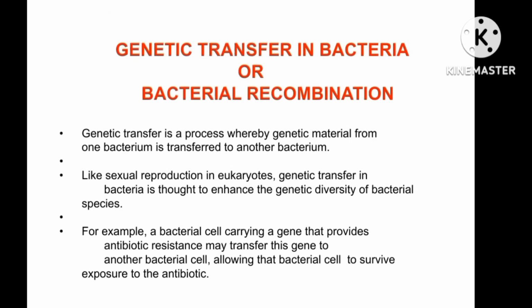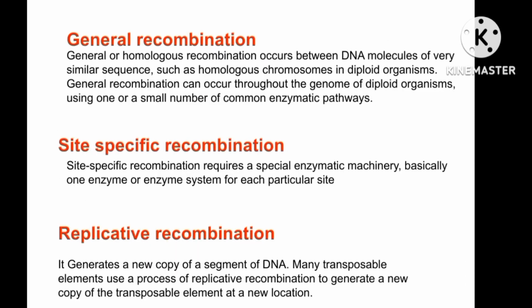When we talk about microbial or bacterial recombination, there are various types by which microorganisms carry out recombination. The most common type is general recombination, which occurs between homologous chromosomes.